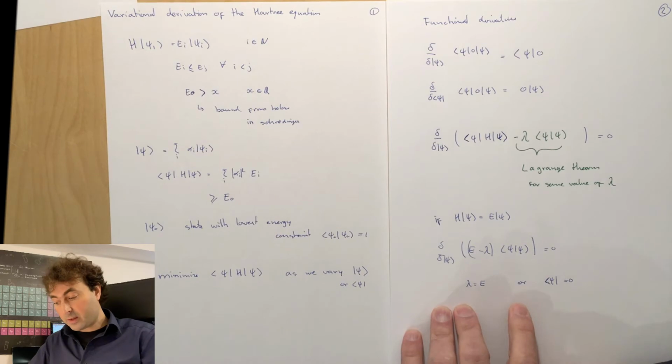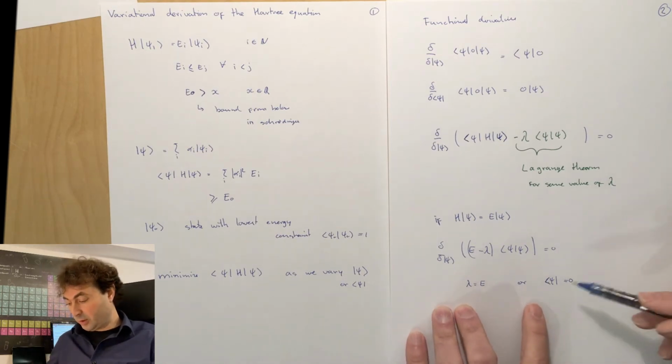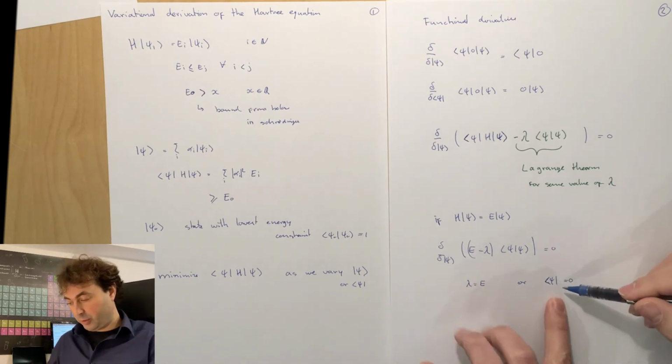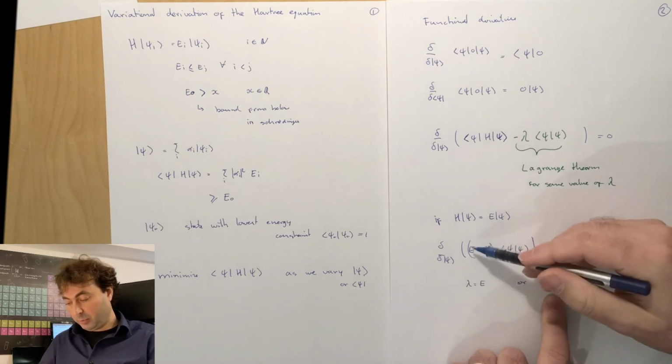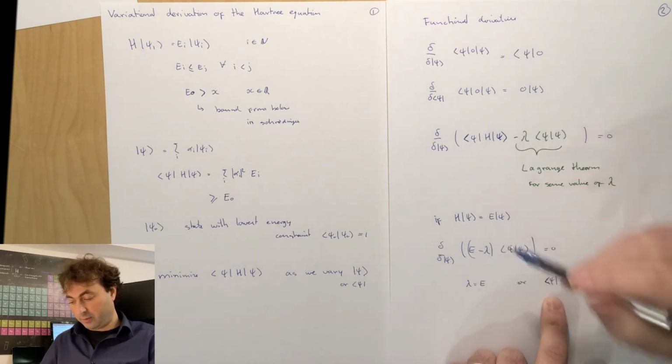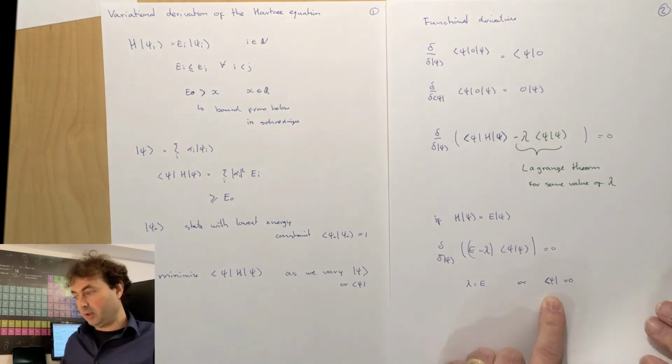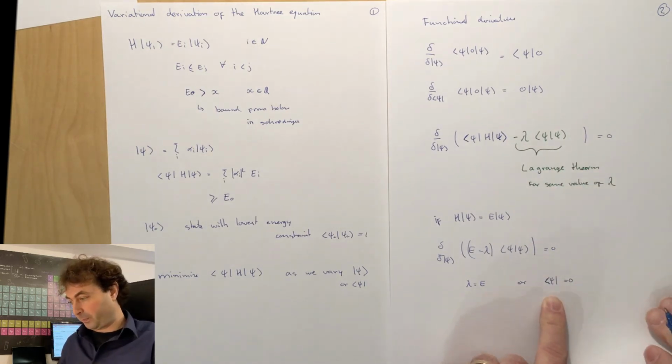This is a necessary condition, not a sufficient condition, so we see we do find solutions that are obviously not the solution we're after. But when we find the solution of this equation where lambda is equal to the energy, then we have a minimum.